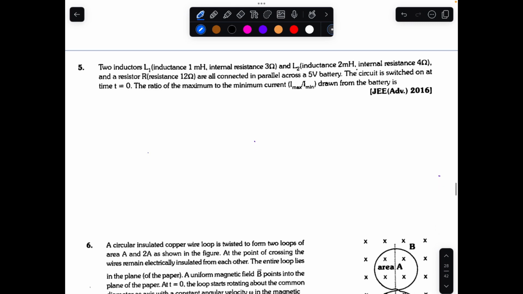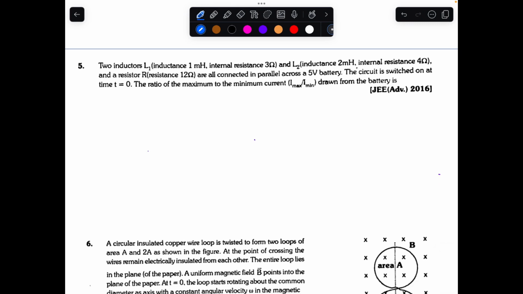Okay. Next question. Two inductors, L1 of inductance 1 millihenry, internal resistance 3 ohm, L2 of 2 millihenry, internal resistance 4 ohm, and a resistor of 12 ohm are connected in parallel across a 5-volt battery. The circuit is switched on at t equal to 0. Find the ratio of maximum and minimum current from the battery.